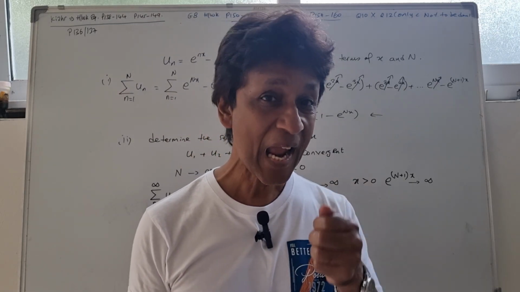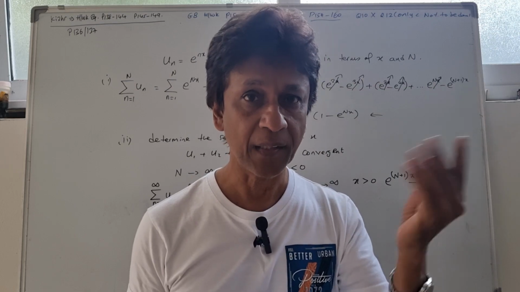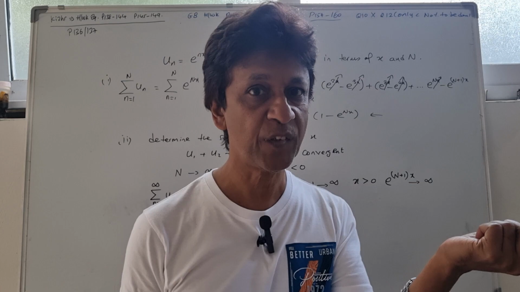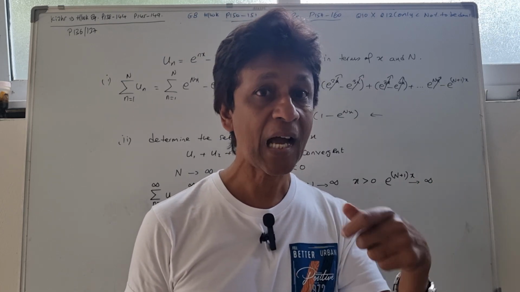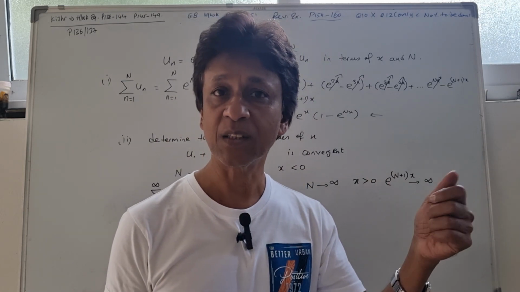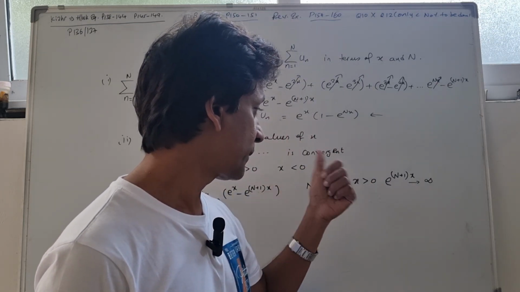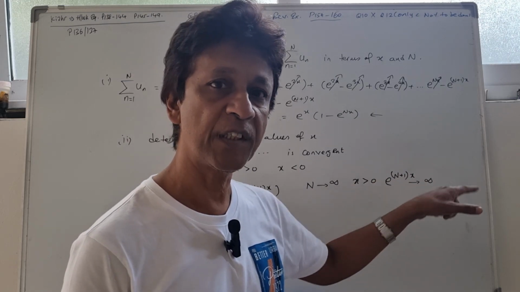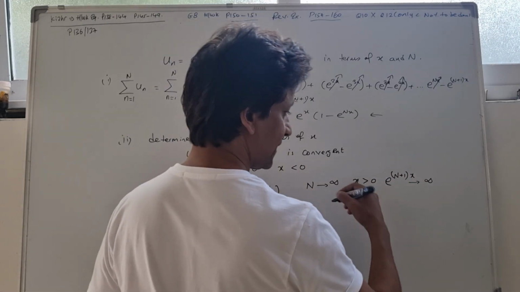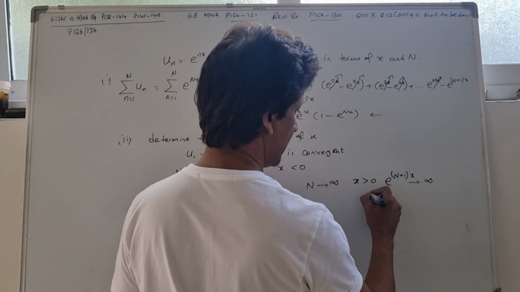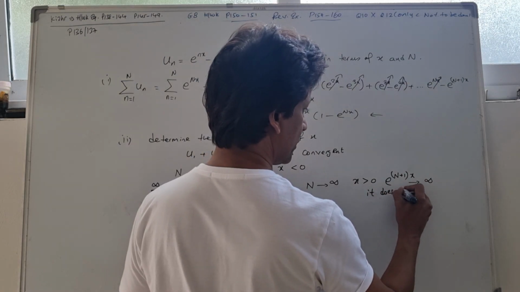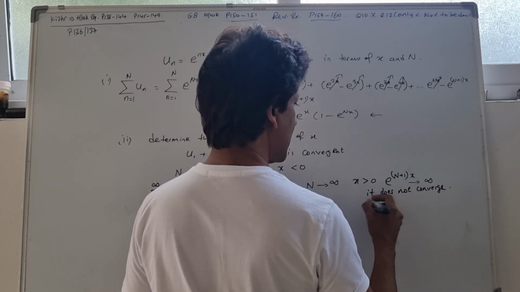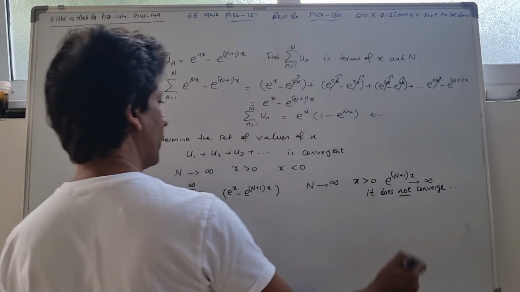The power x is greater than 0, say 1, and the constant n is approaching infinity, being added to 1 and multiplied by x. So this is going to become very large and approach infinity as well. So it does not converge, which means I cannot take x being greater than 0.